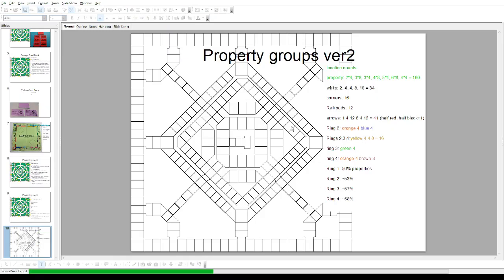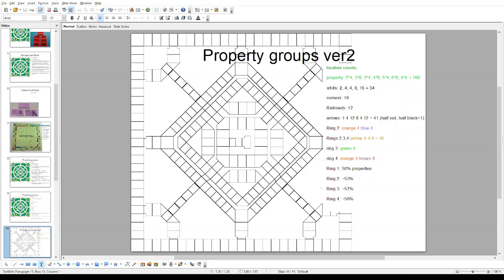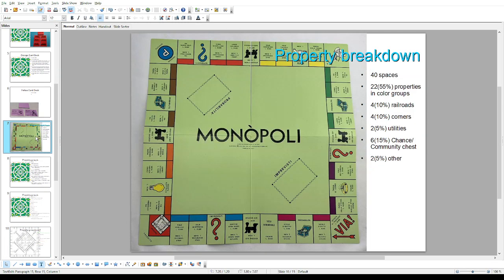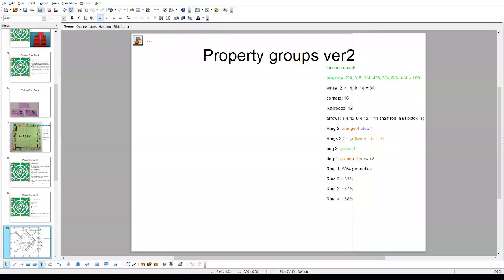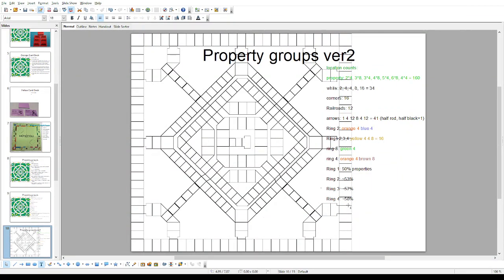All right, so as observed here, utilities make up a total of 5% of the board. So 1 out of 20 spaces. Okay. How many spaces do I have total?